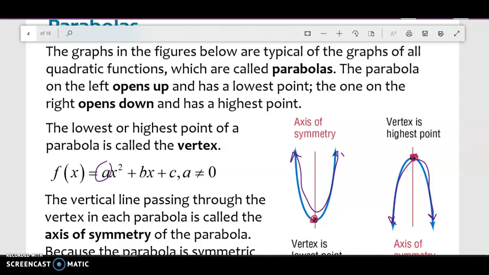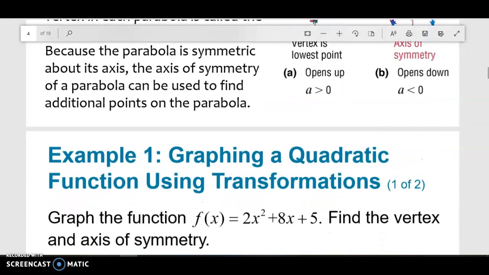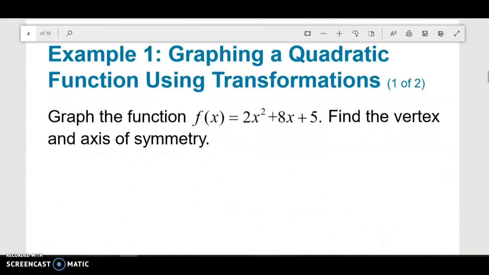And then the last thing that this page talks about is our axis of symmetry. Our axis of symmetry is x equals wherever the middle line is that goes through the x value of the vertex. So there's that. Just a quick review.